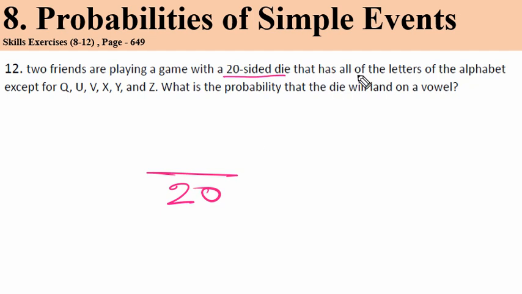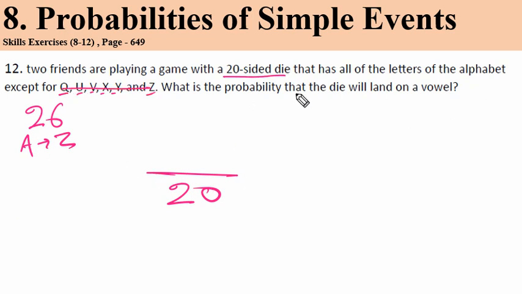That has all of the letters of the alphabet except Q, U, V, X, Y, Z. So these are not on this, because how many alphabets do we have in total? 26, right? From A to Z. But here these are not in the list, so we have 20, which is given.